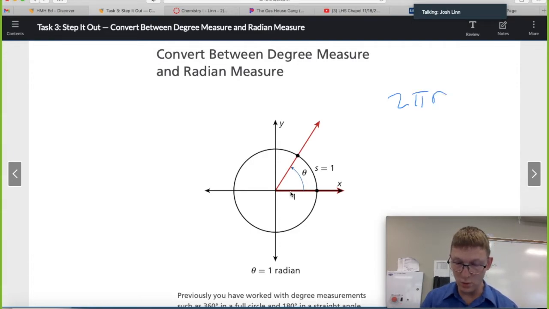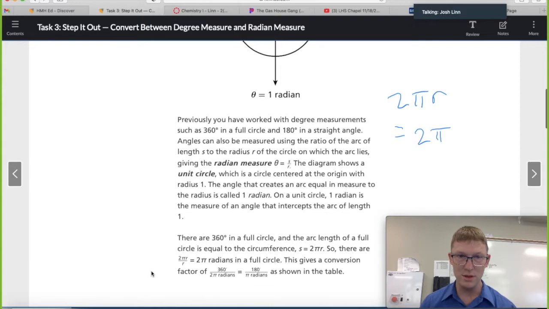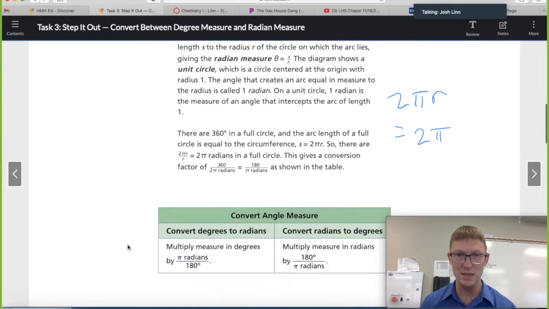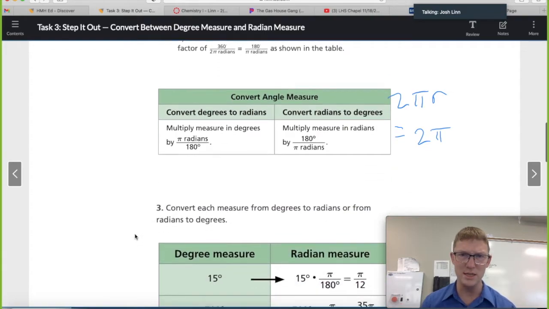R in this case is 1, so it's going to be 2 pi. So we could say for every 360 degrees, there is 2 pi of radians. Radians typically do not have a unit associated with them, so usually it's just marked as 2 pi, or RAD maybe.